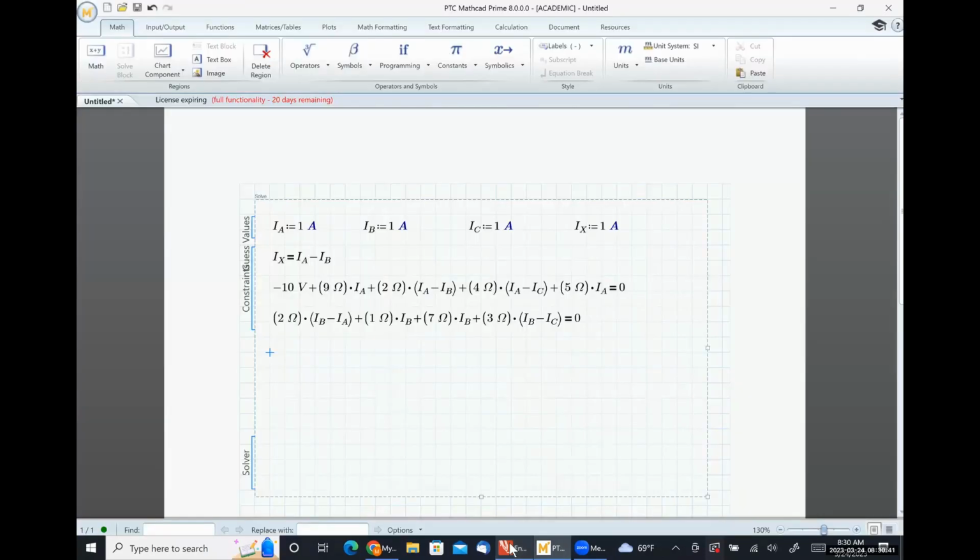4 ohms times IC minus IA, plus 3 ohms times IC minus IB, plus, I think it was an 8 ohm resistor times IB or IC, yes.